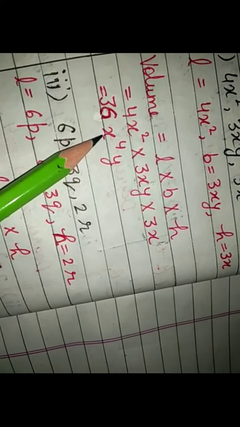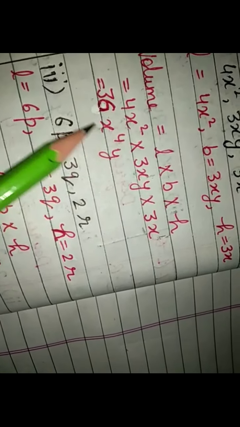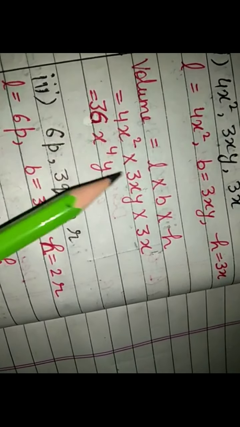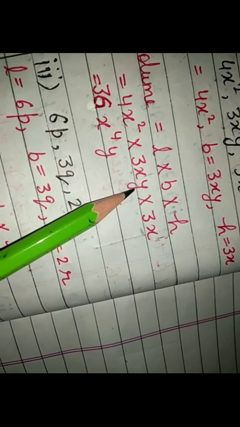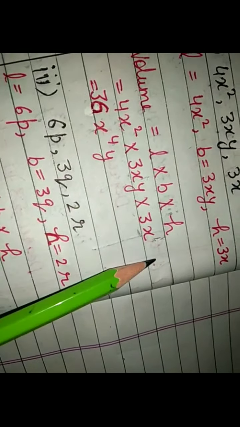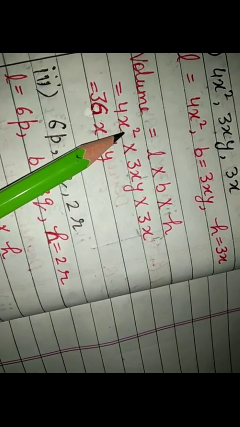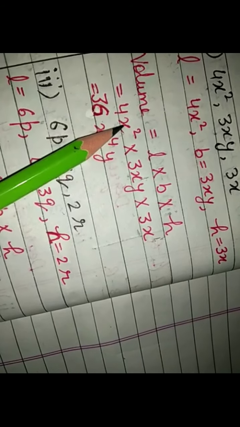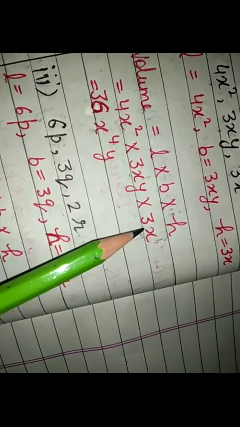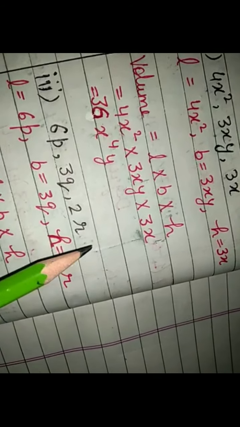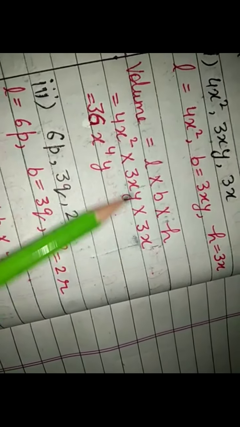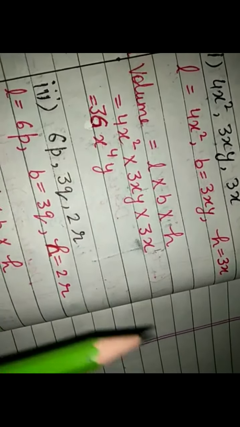I write it directly: x to the power 4. I hope you have understood this. Next, y. There is no y in the first monomial, nor in the third monomial. So x to the power 4, and y as it is.